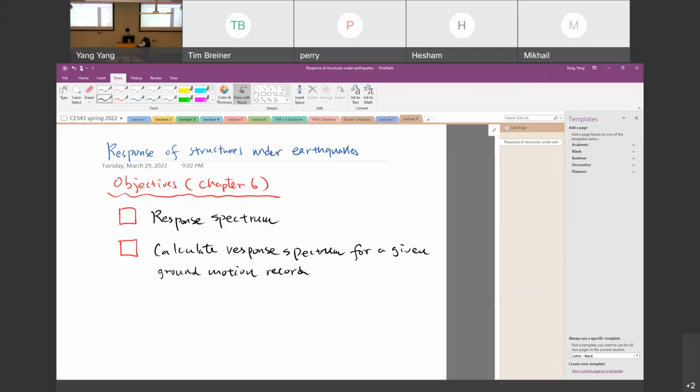Given any ground motion record, you are expected to be able to calculate the response spectrum.